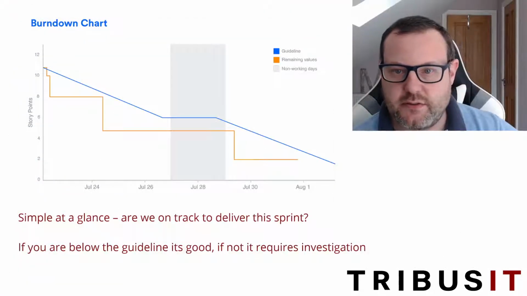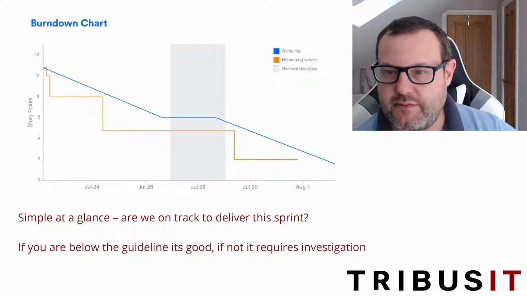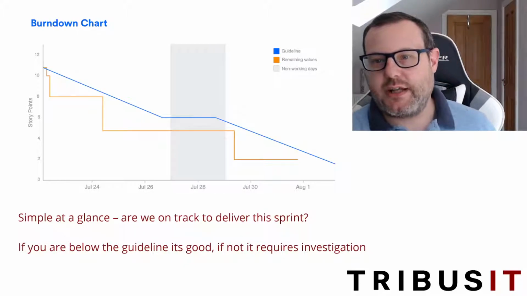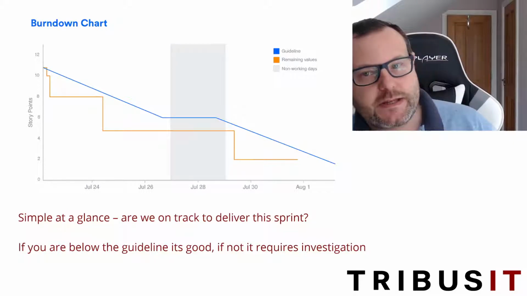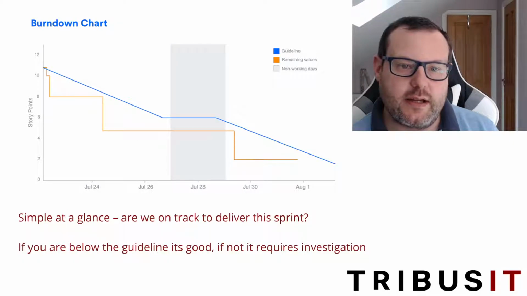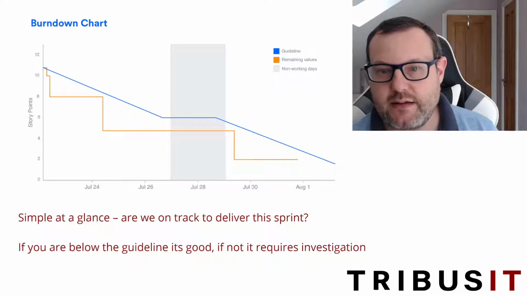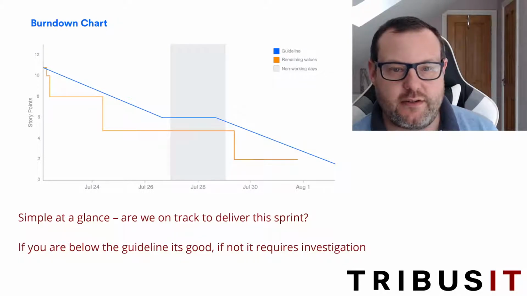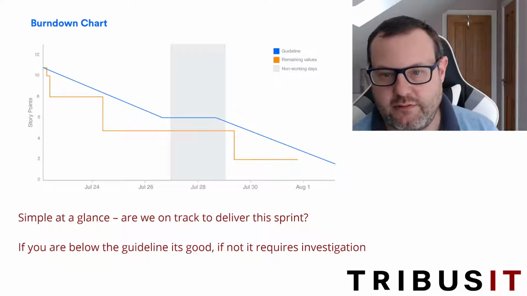So I'll go back to some I prepared earlier just because they have more data to clearly show you more about these metrics. So this is the burn down chart with some more data in there. The blue line is your guideline. That's kind of how much work you need to have done to be on track at any point. And you can see here's an orange line which shows the actual number of points that are ready at each point in the sprint.